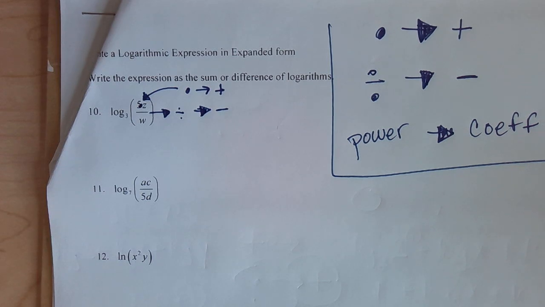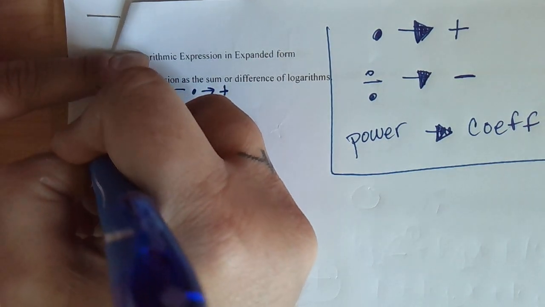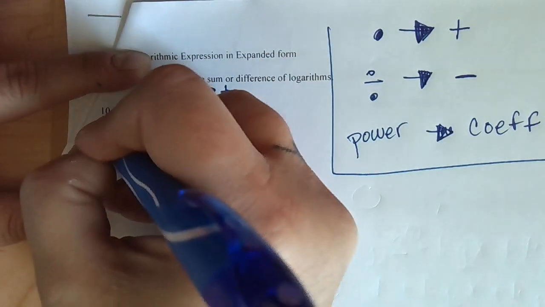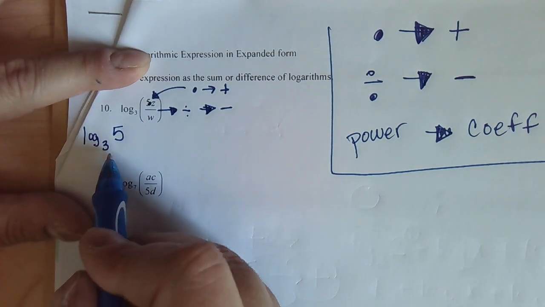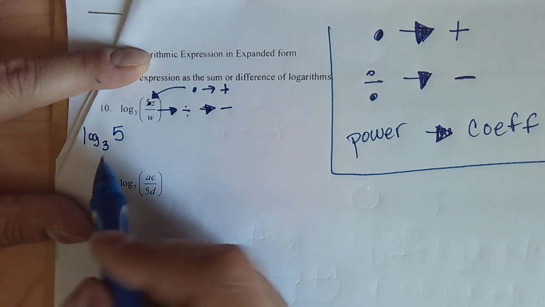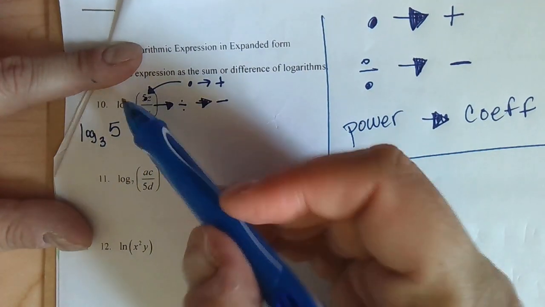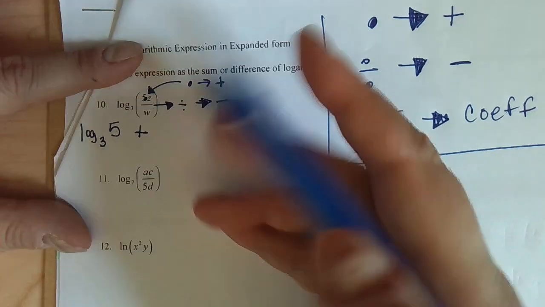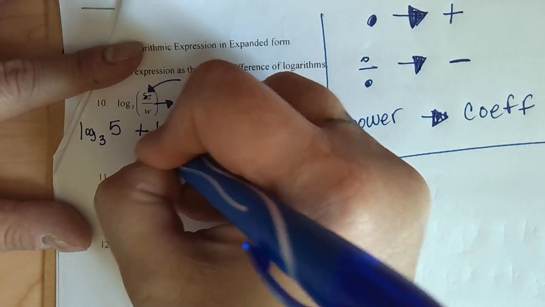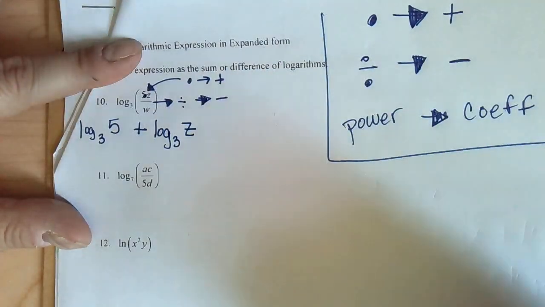And remember, it's kind of like we distribute top to bottom. So I'm going to start with a log 3, 5, where 3 is the only thing in the subscript. Okay, then that dot goes to a plus. So plus. Now I'm going to talk about this z, but I have to put the log 3 on it. So log 3z. All right.